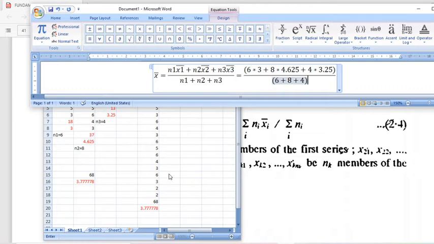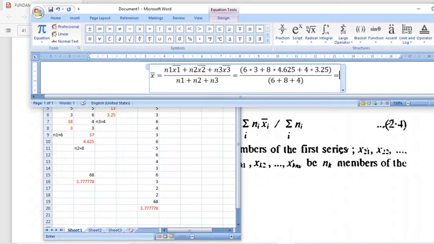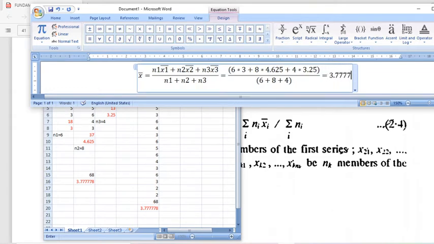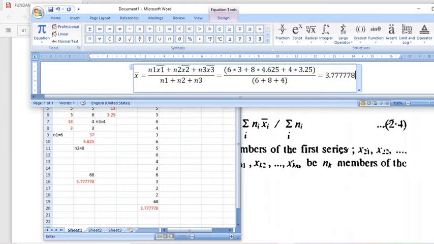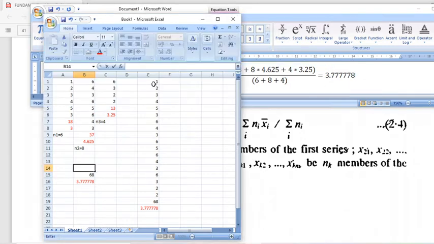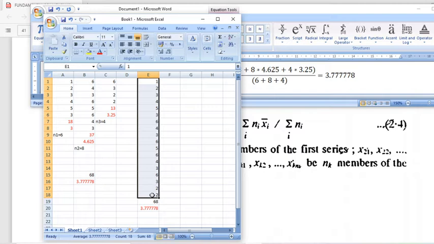So this is the value we have obtained when we compute this. This is nothing but 3.777778. So that is actually the combined mean that we have obtained in a different way.